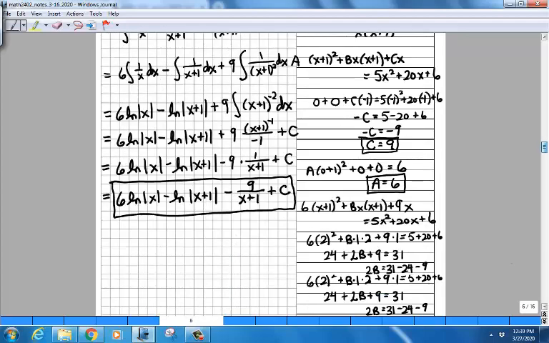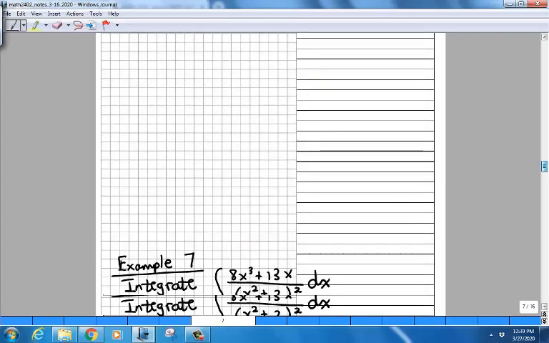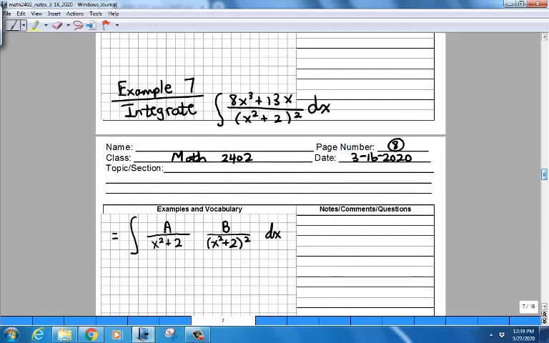But the difference here is that the denominator in this partial fraction is degree 2. So we have to assume that the numerator might have degree 1, not degree 0 like a constant has. And what do degree 1 polynomials look like?